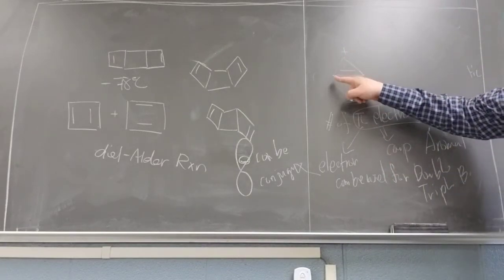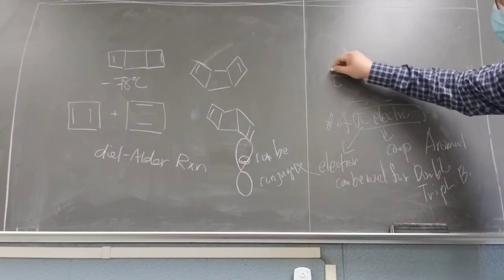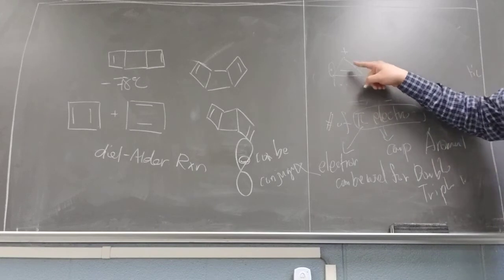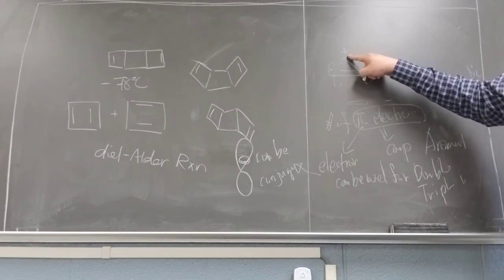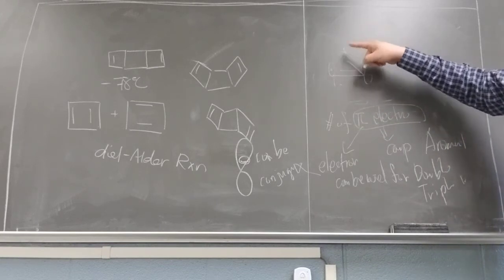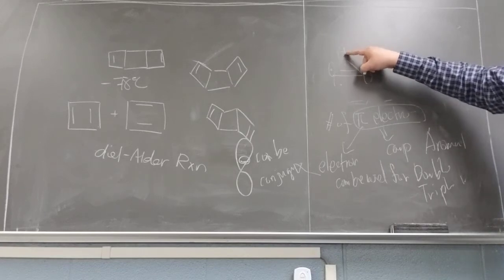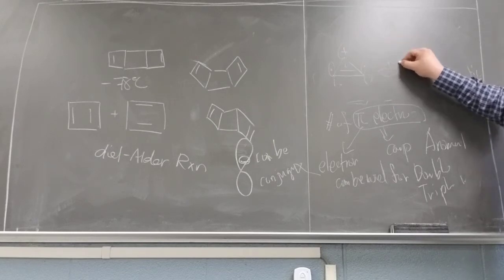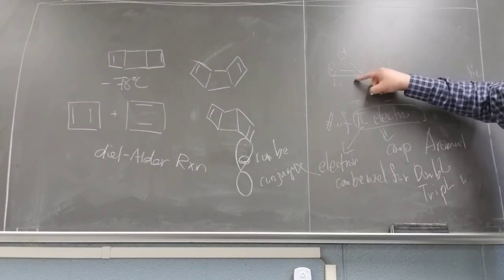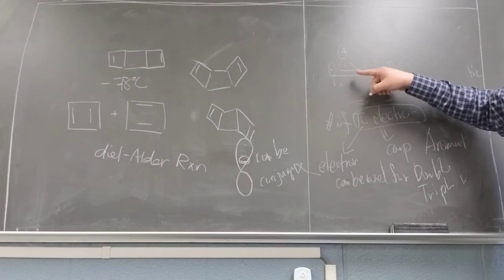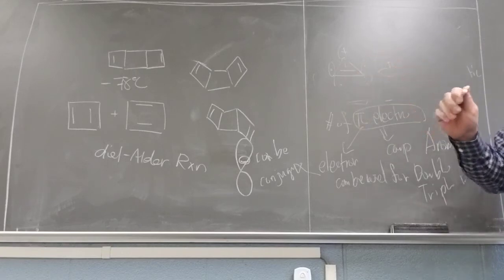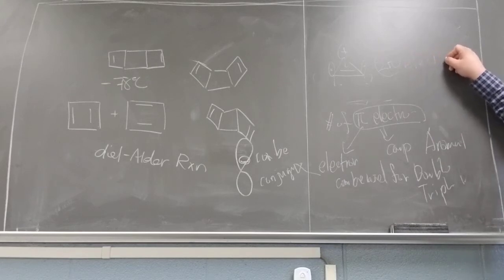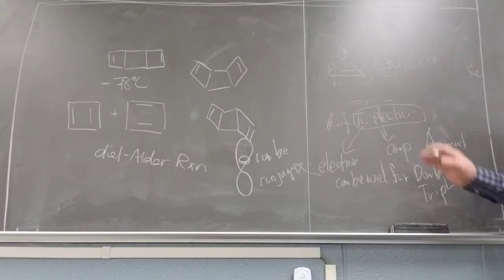You have 2 electrons in the p orbitals that can be conjugated, and then it has 2 pi electrons because this is a cation. This is a carbocation, so the p orbital on this carbon is vacant. So it has 2 pi electrons, and this compound can also be aromatic, because there are 2 pi electrons. This is not in your textbook, so you don't have to know it, but that's also possible.